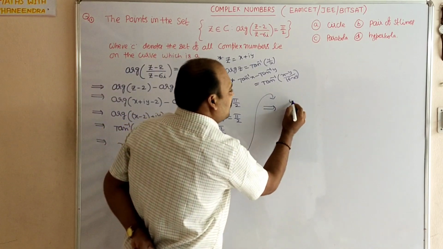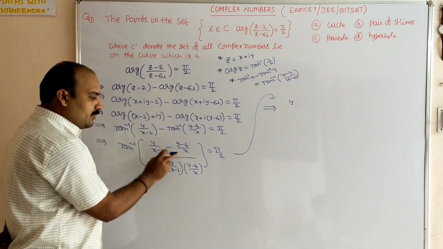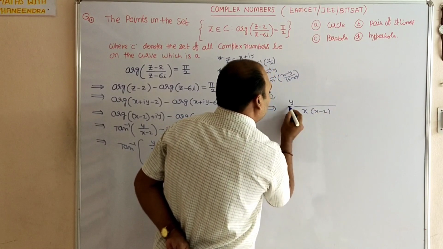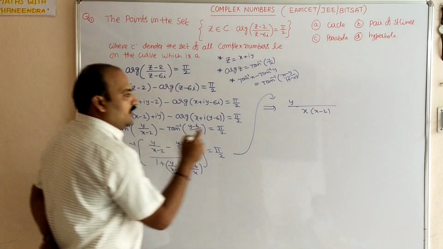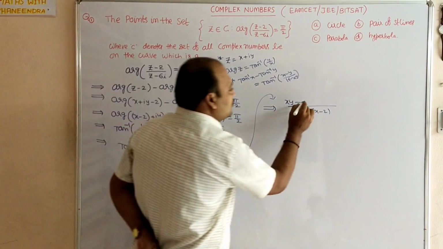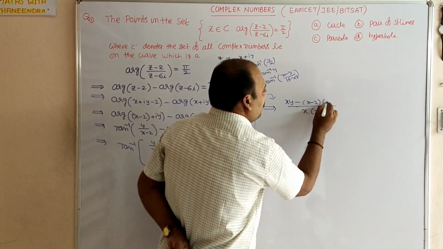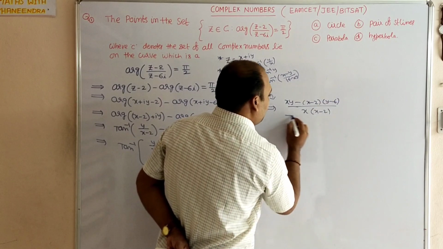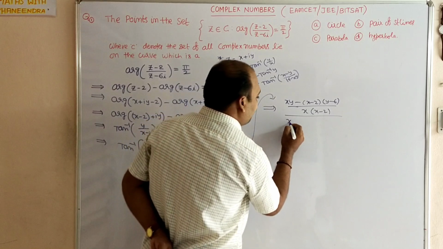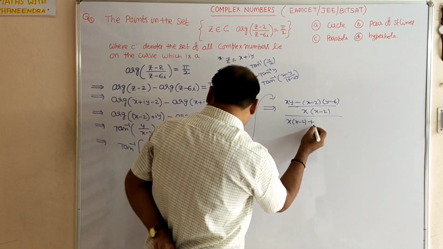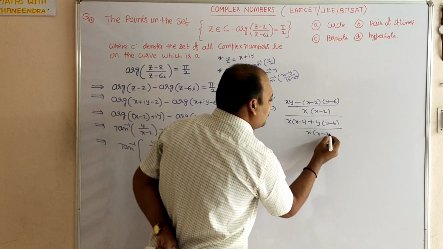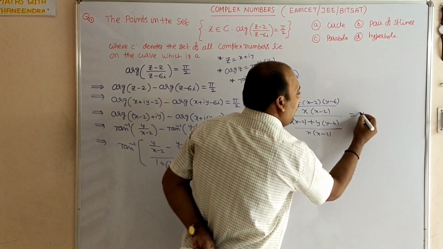For the rest of the terms, the LCM is x into (x minus 2). So the numerator is xy minus (x minus 2) into (y minus 6), whole divided by x into (x minus 2) plus y into (y minus 6), with LCM x into (x minus 2), equals tan pi by 2.